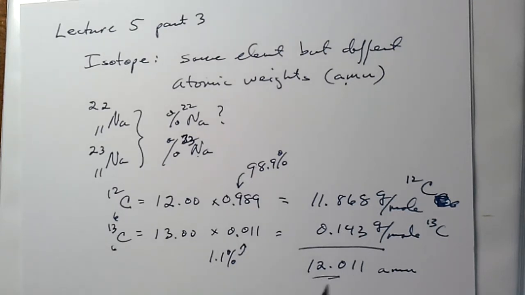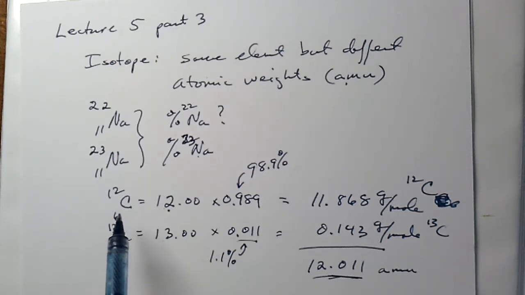Simple enough. Given the percentage, you can calculate by multiplying it by the isotope's atomic mass unit to get the mass of each individual isotope, which should total the atomic mass unit for the element.